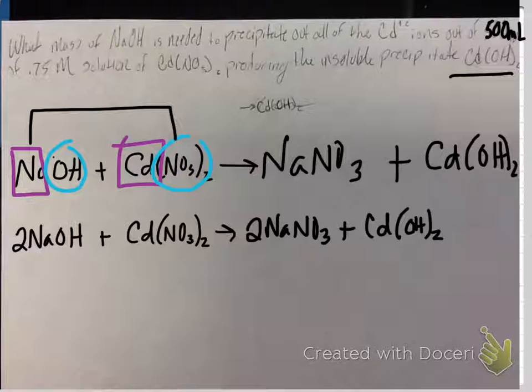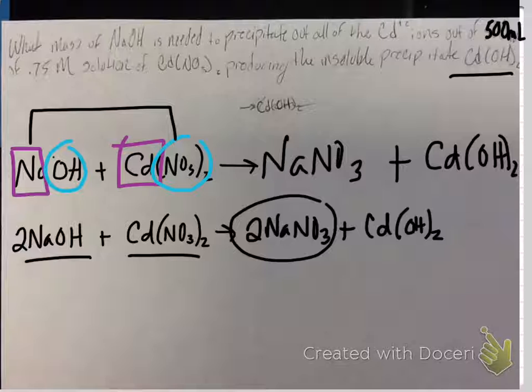When we have two solutions, like a sodium hydroxide solution and a cadmium nitrate solution, they're both clear solutions, which means all of those ions are sort of free-floating. When we mix them together, if we get a precipitate, what it means is that one of the products that was formed is not soluble.